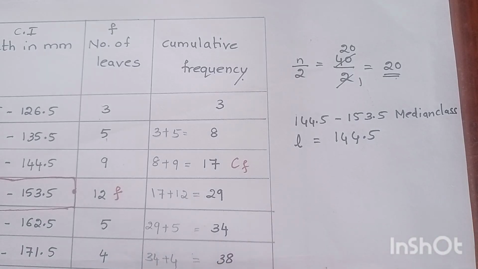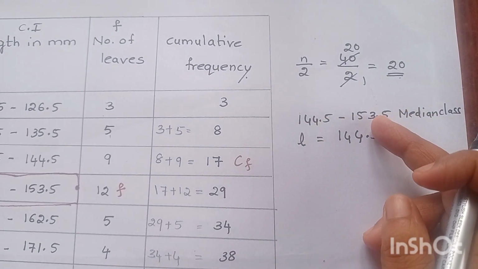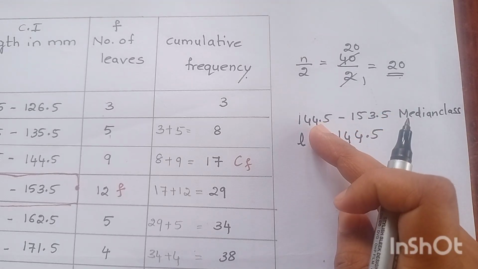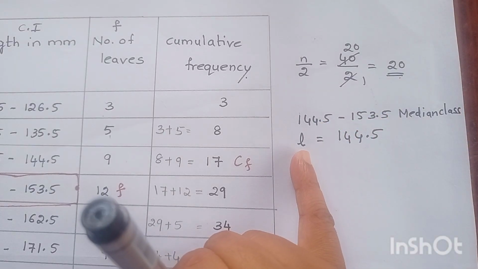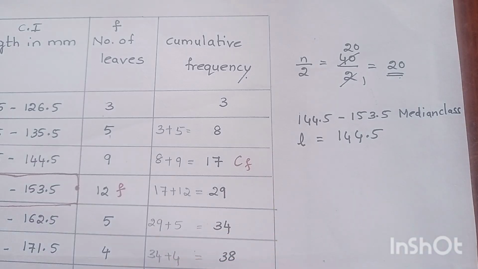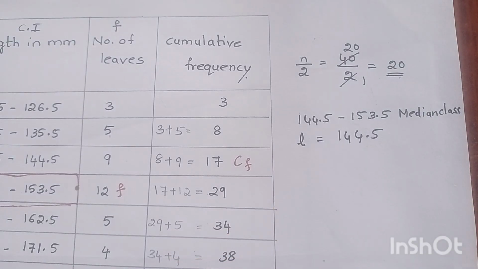This is the lower class limit and this is the upper class limit. L is the lower class limit of the median class. Therefore, L is 144.5.